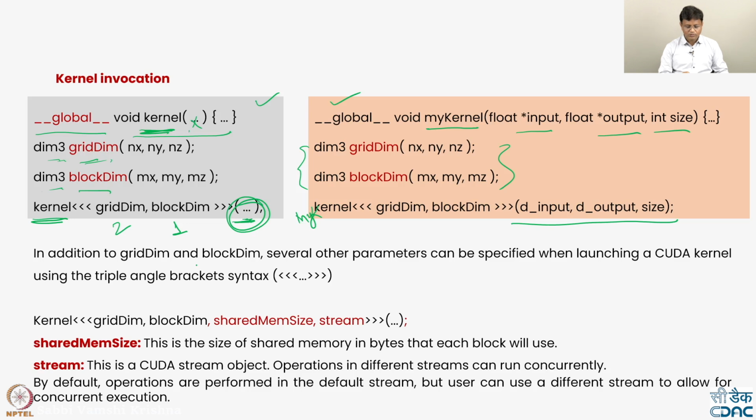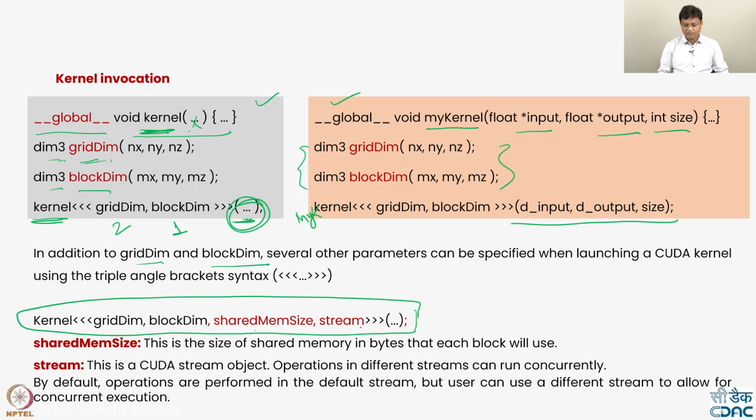Apart from these two parameters, grid dim and block dim, there are other parameters which can be specified when launching the CUDA kernel using the triple angle bracket. You can see in this block that you can specify the shared memory size and stream.